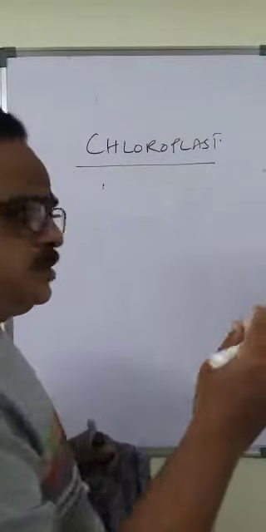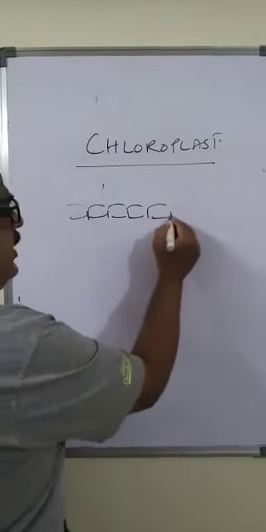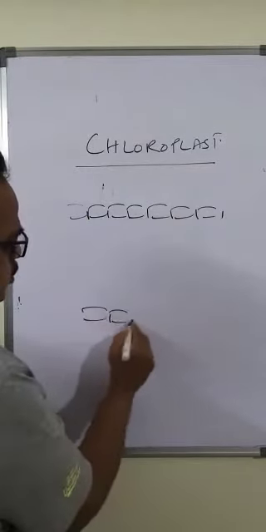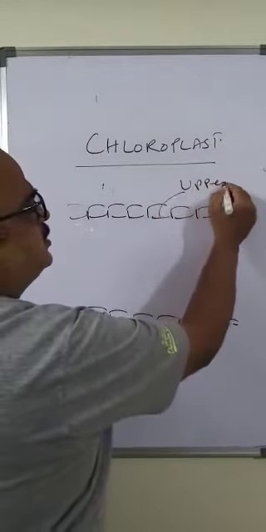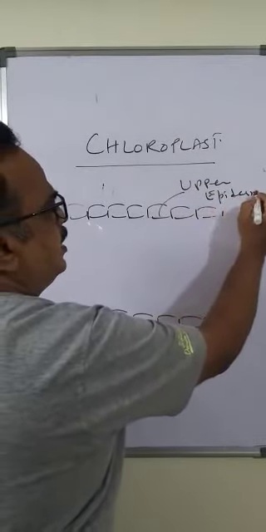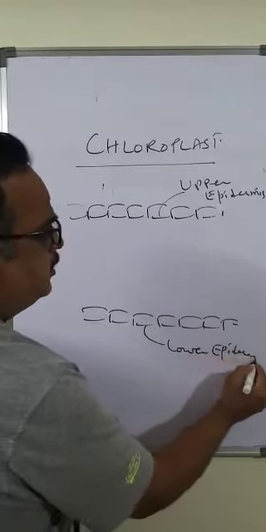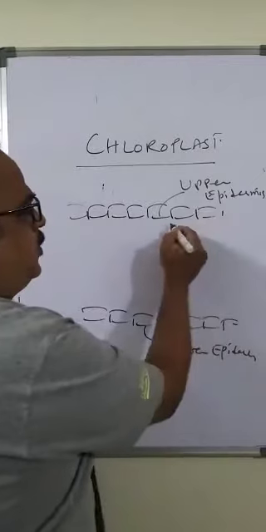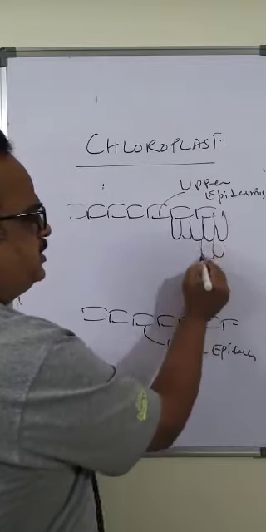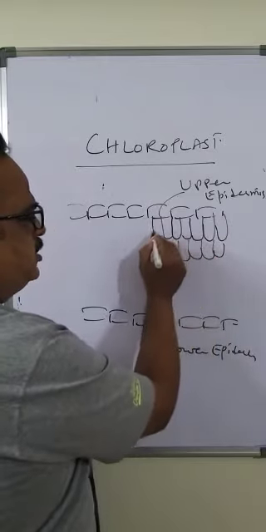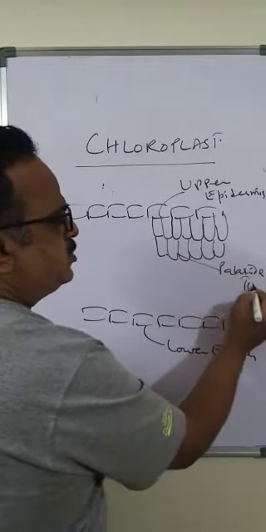When you see the internal structure of a leaf, that is the transverse section of the leaf, you will notice two surfaces. This is the upper epidermis, and this is the lower epidermis. Just below the upper epidermis, elongated columnar shaped cells are present, and this tissue is known as palisade tissue.